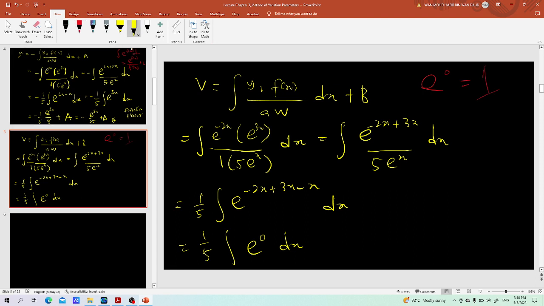So we have 1 over 5 integral of 1 dx, so we get x over 5 plus b, a constant.